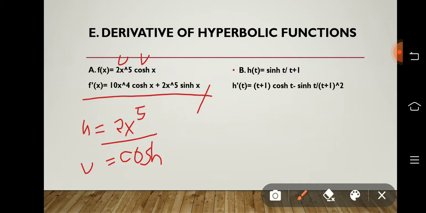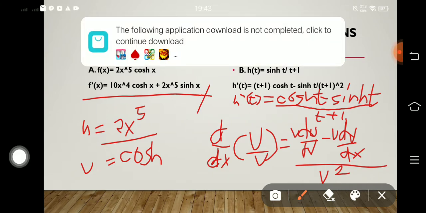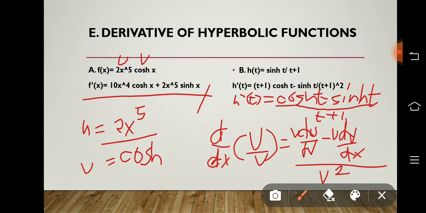Okay, let's go to the second given, which is h of t equals sine hyperbolic t over t plus 1. h prime of t equals t plus 1 cosine hyperbolic t minus sine h t over t plus 1 quantity squared.